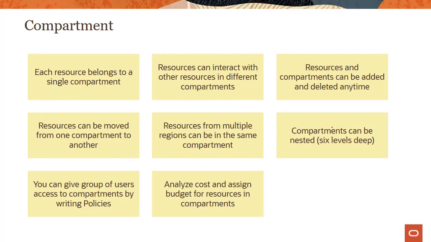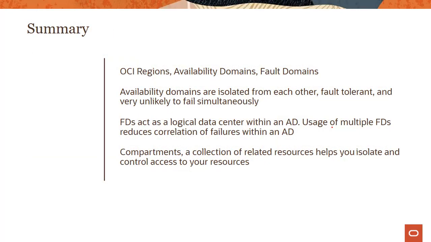So that's it, folks. In this module on OCI physical architecture, we looked at regions, availability domains, and fault domains. Availability domains are isolated from each other, fault tolerant, and unlikely to fail simultaneously.